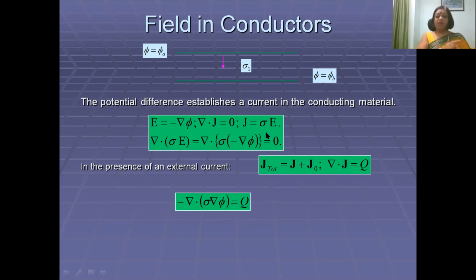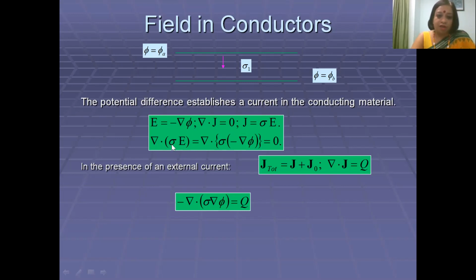So you see, you have three relations analogous to the dielectric situation. In fact, the first equation is the same. Instead of divergence D is equal to rho, you have divergence J is equal to 0. Instead of D is equal to epsilon E, you have J is equal to sigma E. Now, when you put these three equations together, you have what is called Poisson's equation or Laplace's equation for conductors.